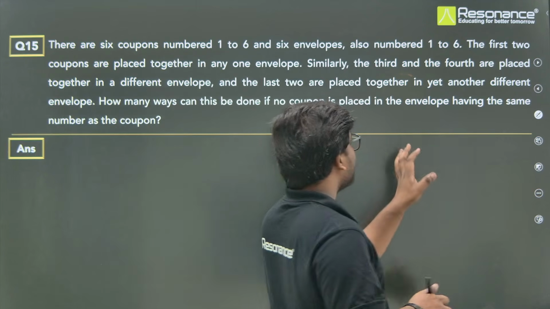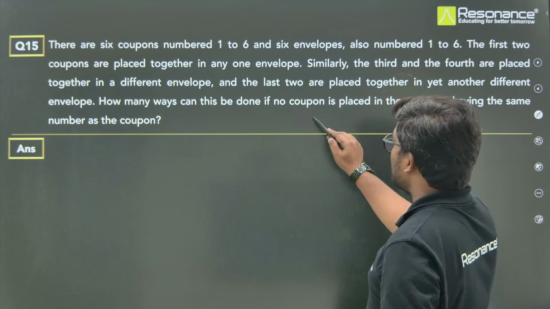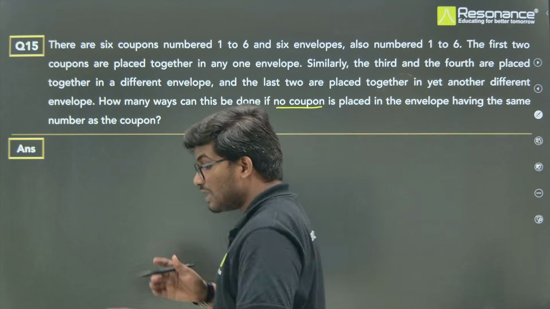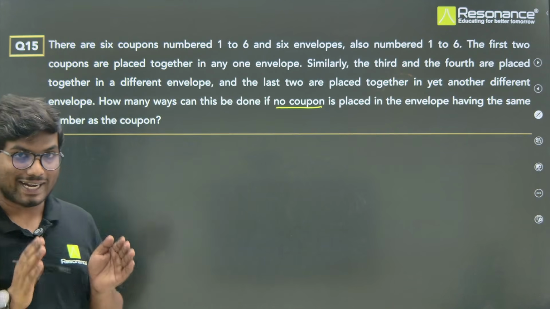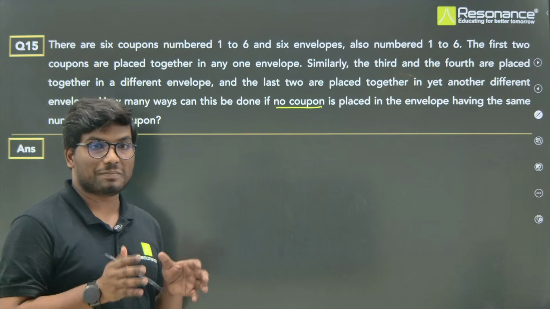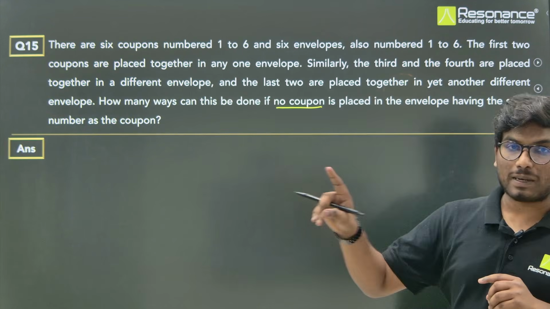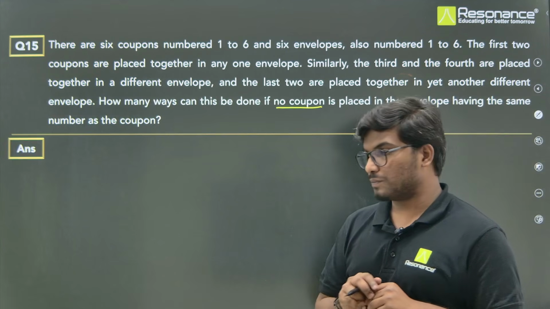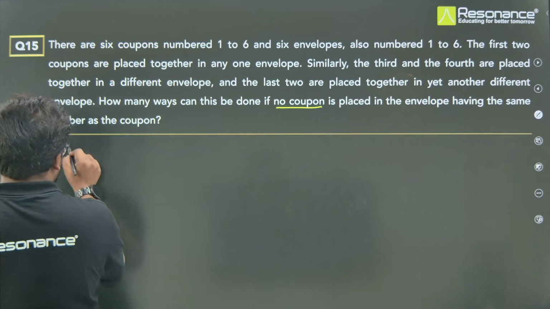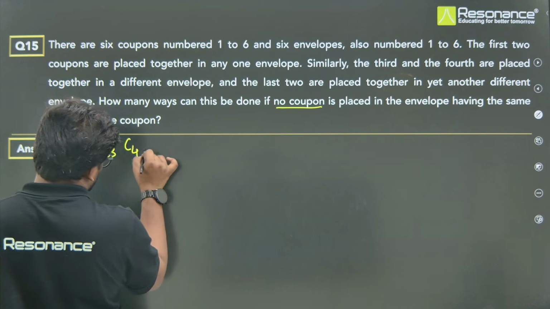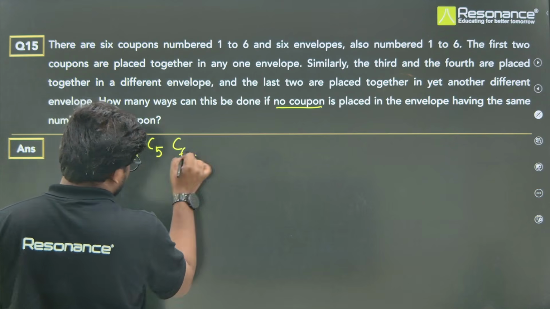They are also giving us a condition in which no coupon is placed in the envelope having the same number as the coupon. So identically, since coupons 1 and 2 as a group are one entity, that entity cannot go into envelope number 1 or envelope number 2. So we have coupons C1, C2, C3, C4, C5 and C6, right?